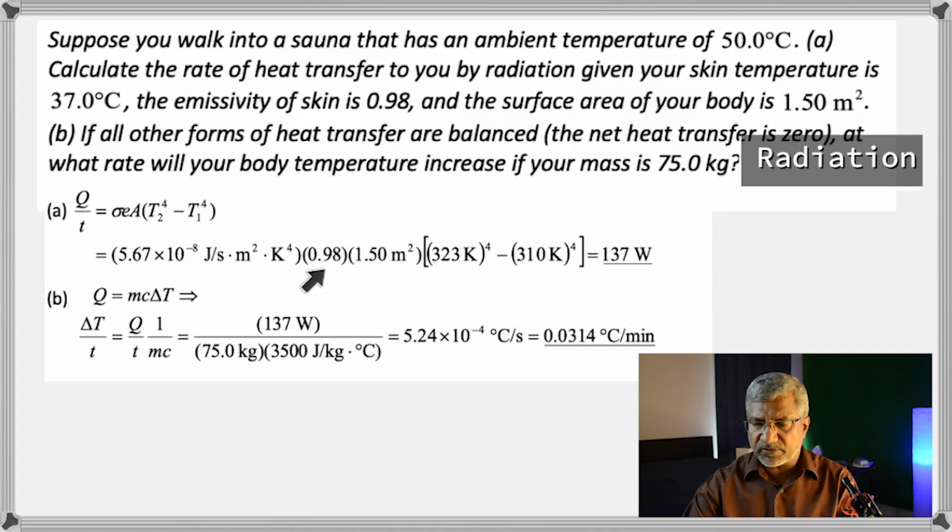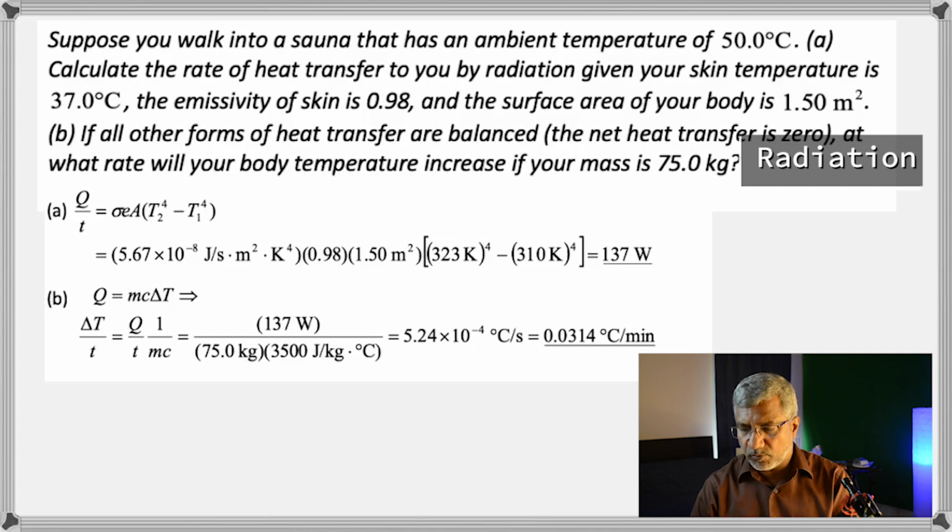This is the emissivity that is given as 0.98. And then you have the area, 1.50 meters squared. This is the temperature of the sauna in Kelvin, raised to 4, remember, minus temperature of the body in Kelvin raised to 4. It's 137 watts. So you get 137 joules per second.